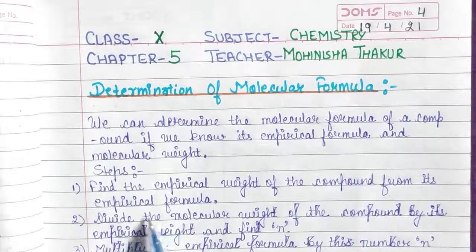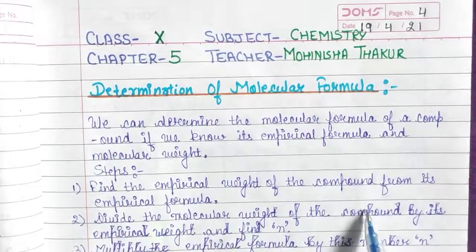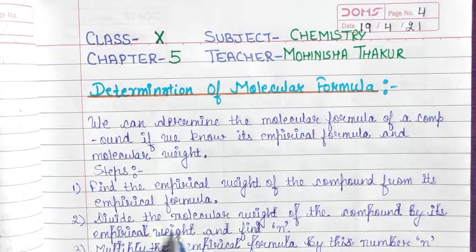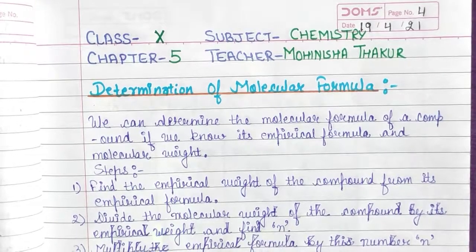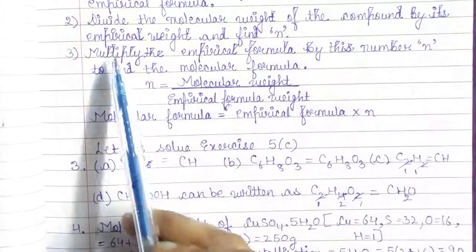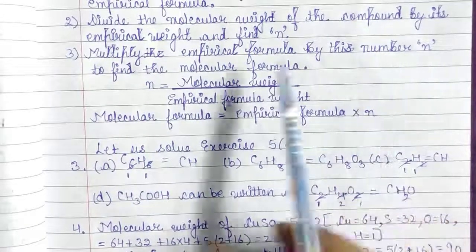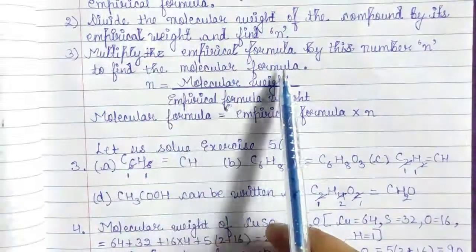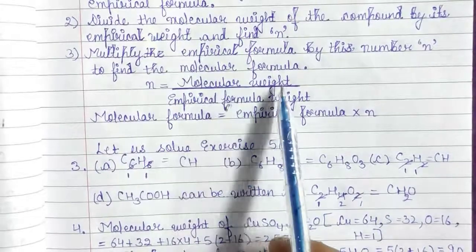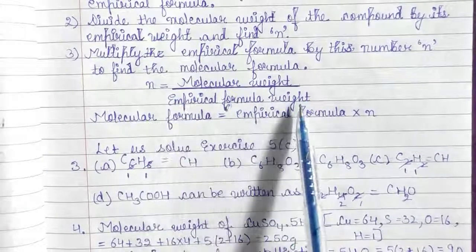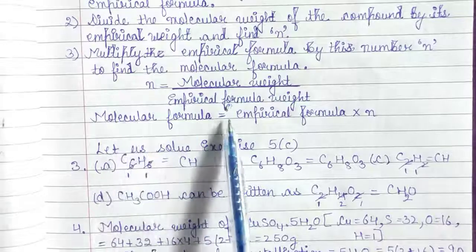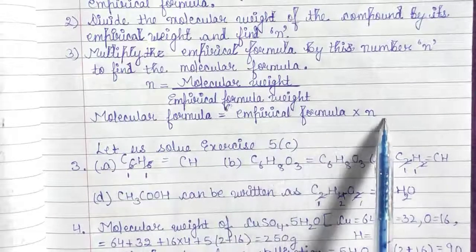Number 2, divide the molecular weight of the compound by its empirical weight and find N. Number 3, multiply the empirical formula by this number N to find the molecular formula. That is, N is equal to molecular weight divided by empirical formula weight.